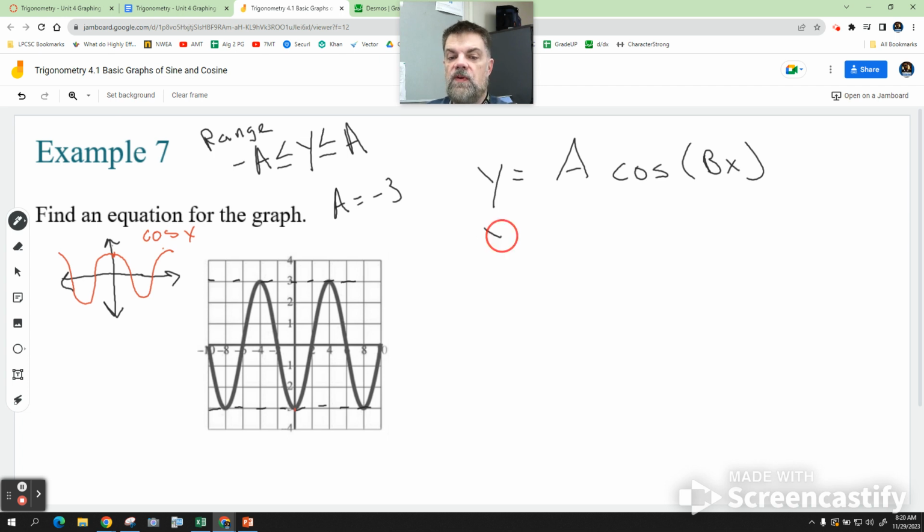So now we have y equals negative 3 cosine b times x. Now remember, the relationship for b is that the period is equal to 2 pi over b. So let's go from here to here.